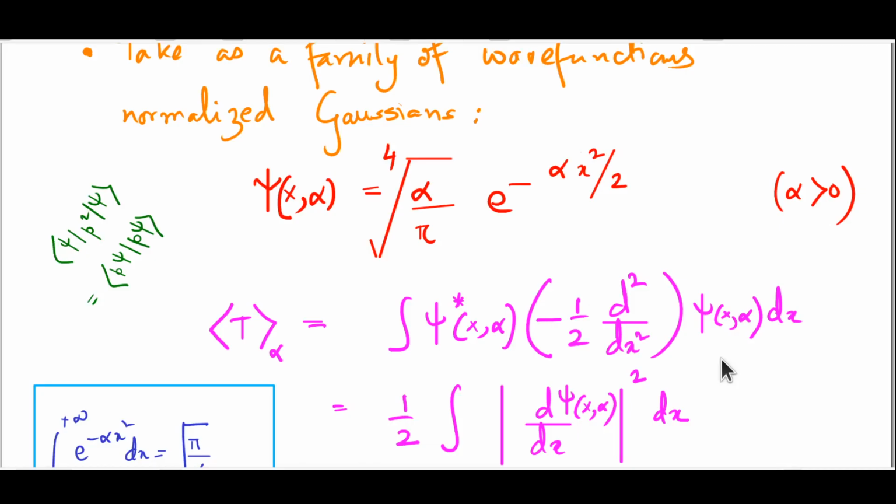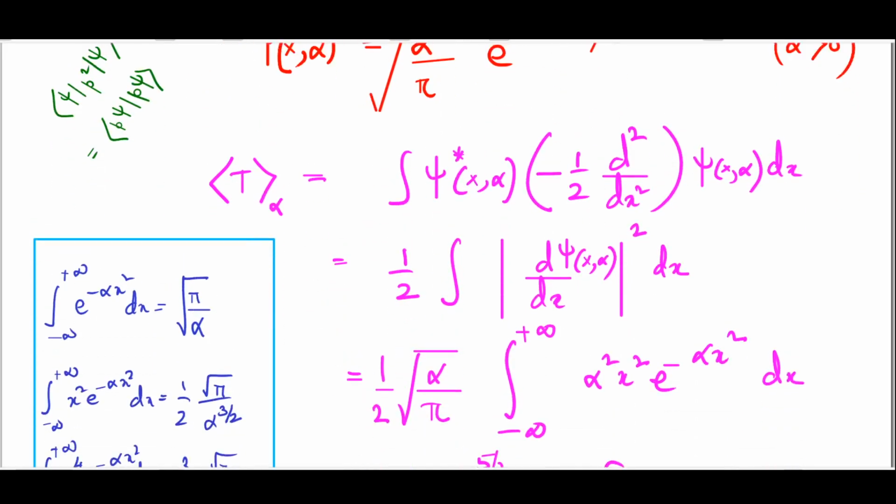What matters is that all the integrals necessary for this calculation can be exactly evaluated. So let us get back to the task of evaluating the expectation value of the kinetic energy operator, which essentially is the integral that you see here, and as we said is really the integral of this quantity alpha square x square e to the minus alpha x square dx, and half times root over alpha by pi, which comes from the normalization squared, is sitting outside.